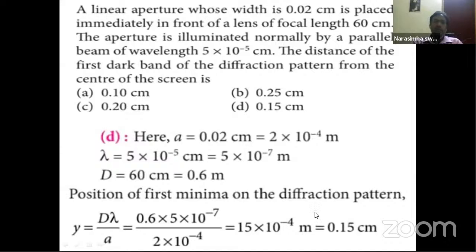So from the central maximum of the diffraction pattern, the first dark fringe appears at a distance of 0.15 centimeters.